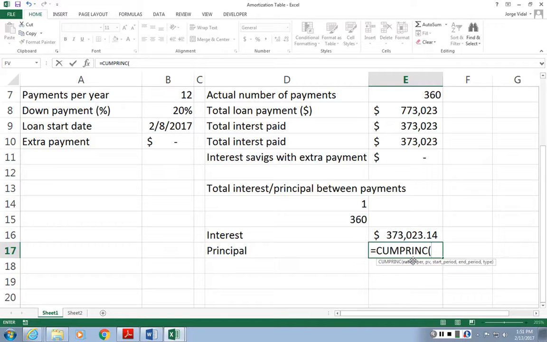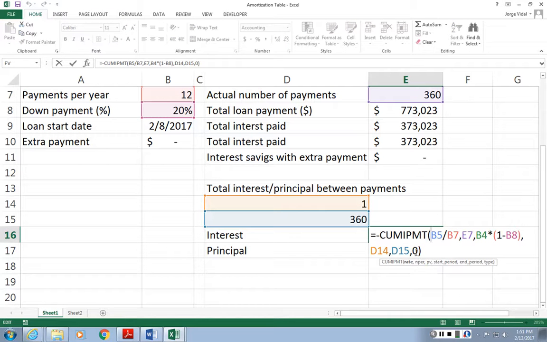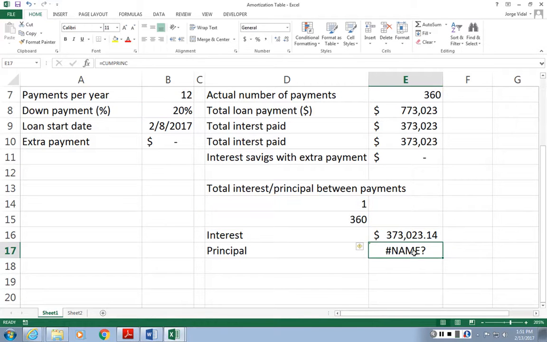Type 1 because, no, type 0. Did I put 1? No, 0. Why? Because it's an ordinary annuity. You're making payments at the end of the month. So it's a regular loan.